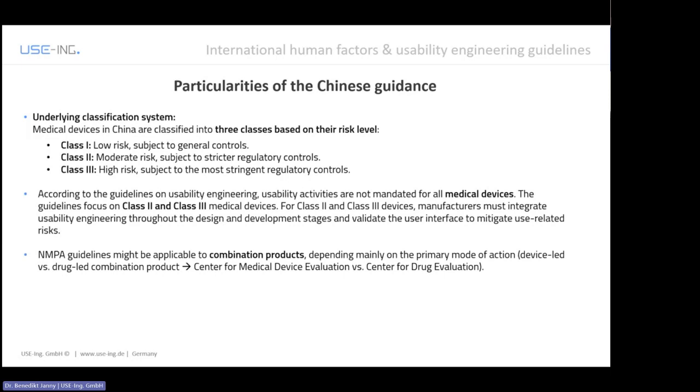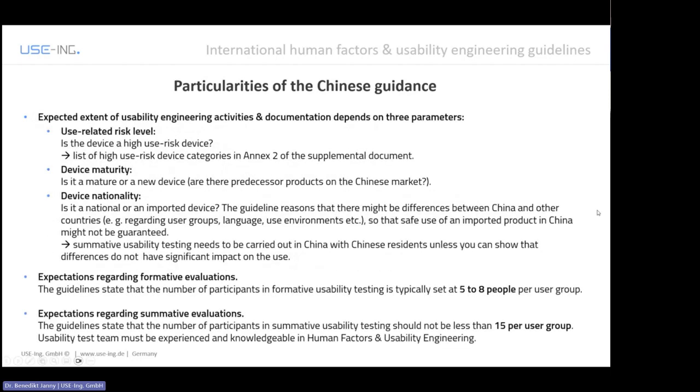Okay, so I hope that was clear a little bit. Let's dig deeper into the Chinese guidance. So the expected extent of usability engineering activities and documentation depends basically on three parameters. First, we have the use-related risk level, asking if the device is a high use risk device.